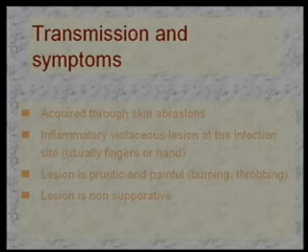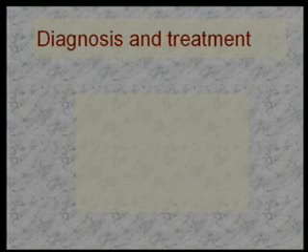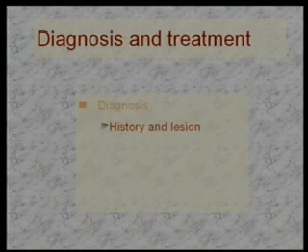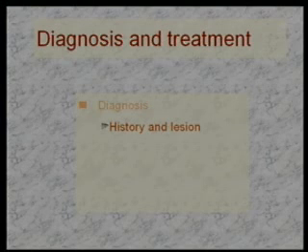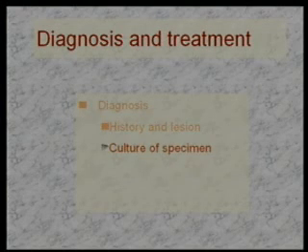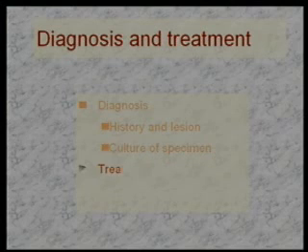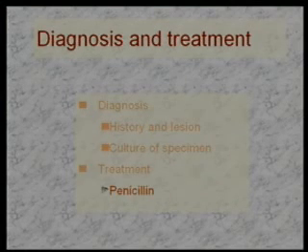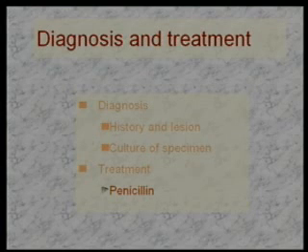The lesion is non-suppurative, no pus formation. So a non-suppurative, pruritic, painful lesion. Diagnosis is based on history, of course, how the lesion originated, and culture of the specimen, which cultures very easily and quickly. The treatment is just penicillin, regular common garden penicillin, because it's a gram-positive organism, so it does not create much problem.